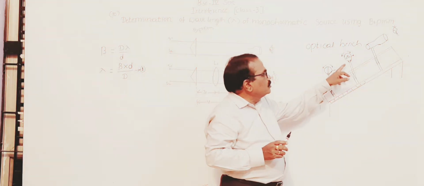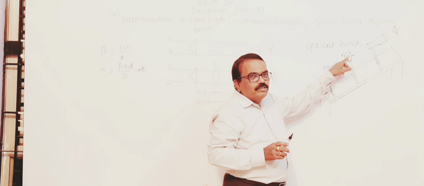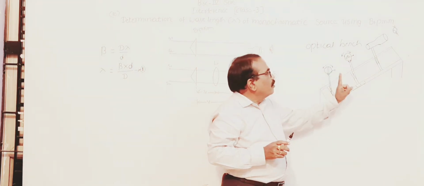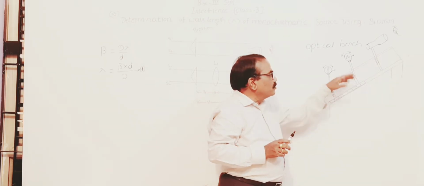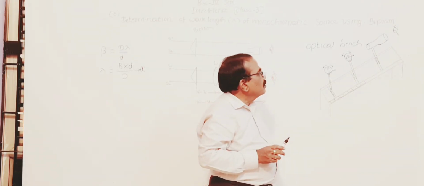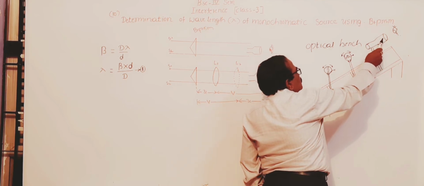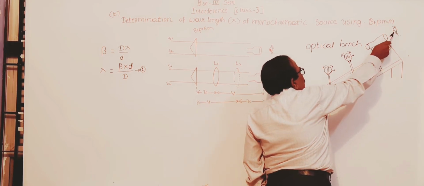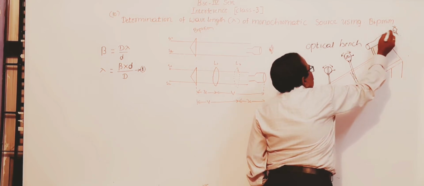Then on the second one, a biprism is placed. All of them are vertically mounted, perpendicular to the length of this bench. And in the third stand, there is an eyepiece. You can observe the fringes through this eyepiece.